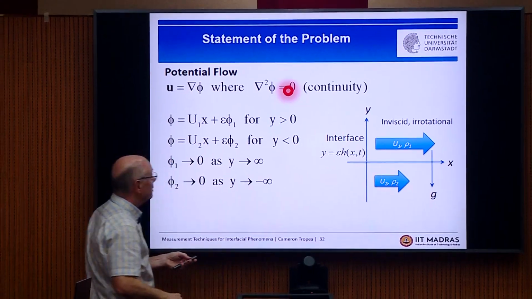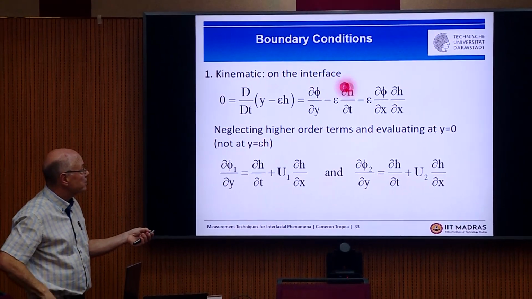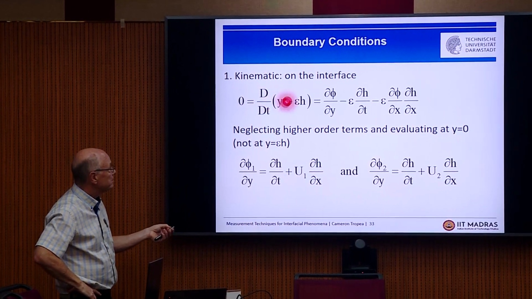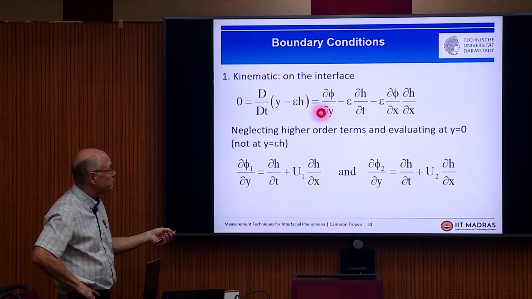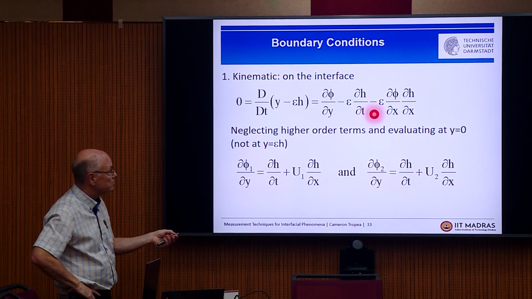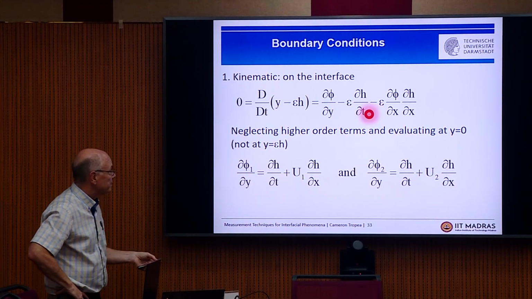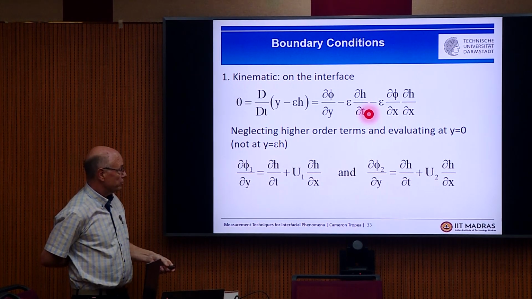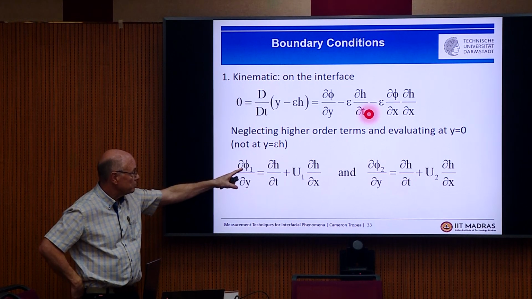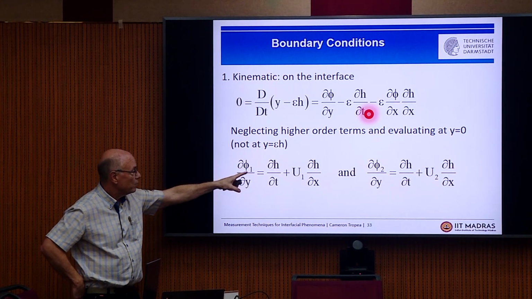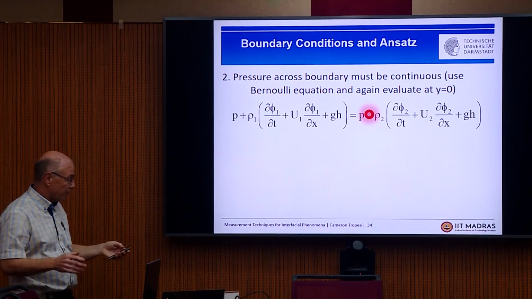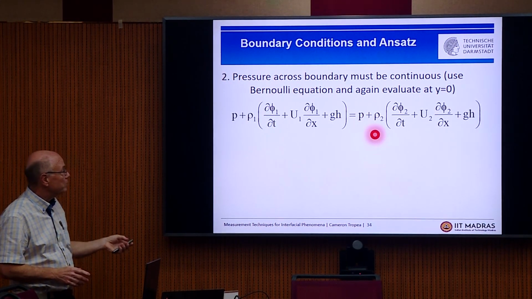Kinematically, the material change of that small perturbation we can then express in terms of our potential, and if we neglect the higher order terms, we get it for both phi 1 and phi 2. Again, this is probably too fast, but it gives you the idea of how we go about that.